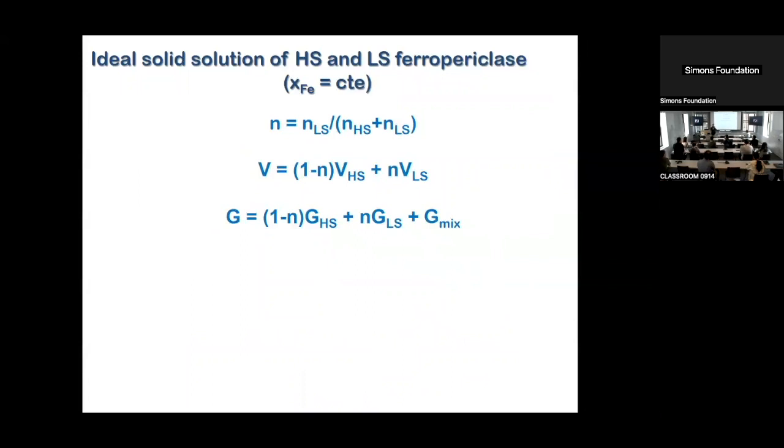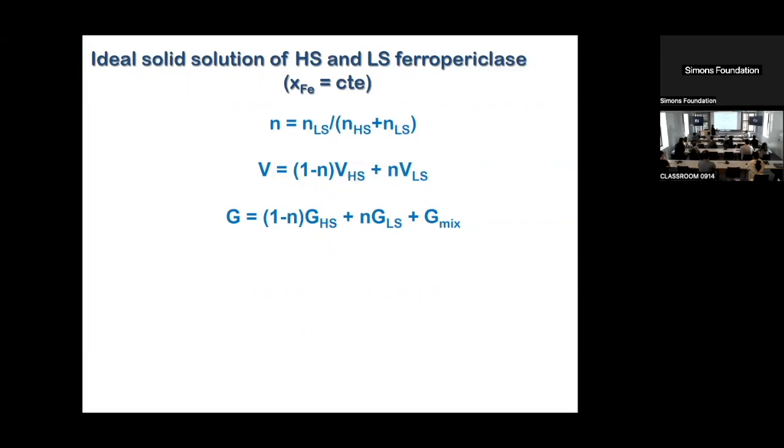There is some pressure range where you have some ions, in my mind, in the low spin state and some ions in the high spin state. How do you deal with that? Well, you make a solid solution of two solid solutions. One is the high spin ferropericlase and the other is the low spin ferropericlase. And you have mole fractions, or low spin fractions, n.